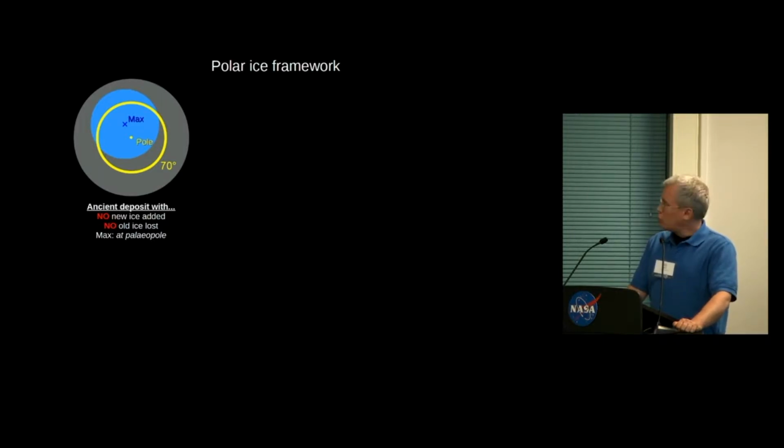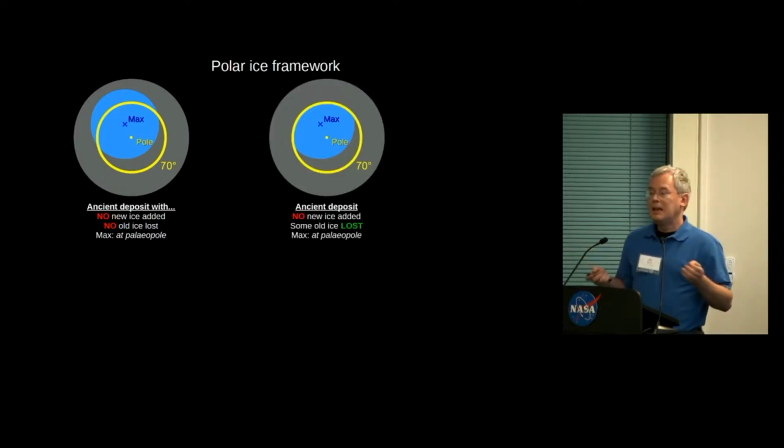The modern pole shown by that yellow dot, and the 70-degree latitude line shown by the yellow circle. I'll indicate why 70 degrees is significant in a couple slides. And if all we had was ice deposition early in the moon's history, when the axis was offset, then you're going to have this oddly offset ice cap that does not line up with the current pole.